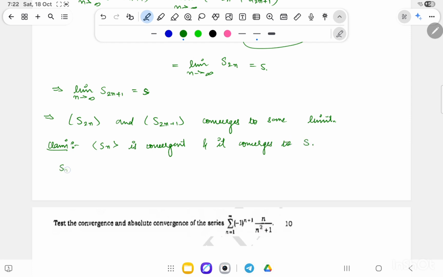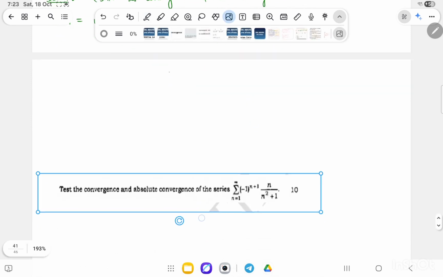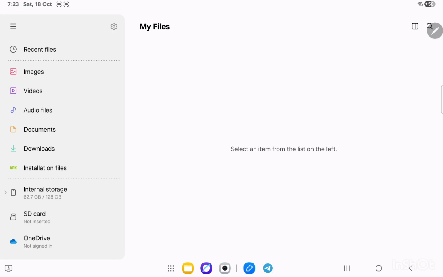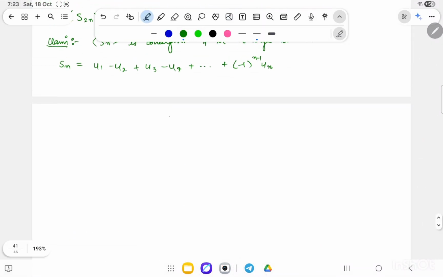The sequence Sn, that is the sequence of partial sums of the first n terms, is u1 minus u2 plus u3 minus u4 up till minus 1 raised to n minus 1 un. Now let us assume that epsilon greater than 0 is given to us.